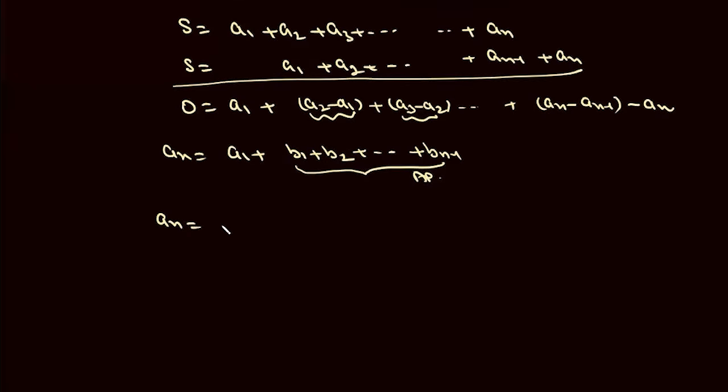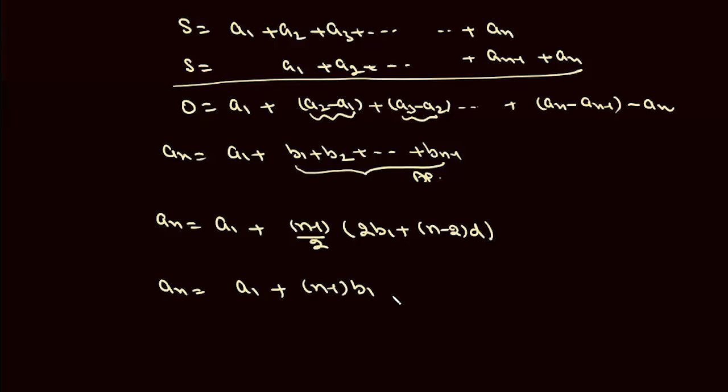Now this is an, this is a1, and we know that the sum of an AP which has n−1 terms will be (n−1)/2 times (2a + ...), and a in this case is b1, plus (n−2) times d. So this an will be a1 + (n−1)b1 + (n−1)(n−2)/2 times d.